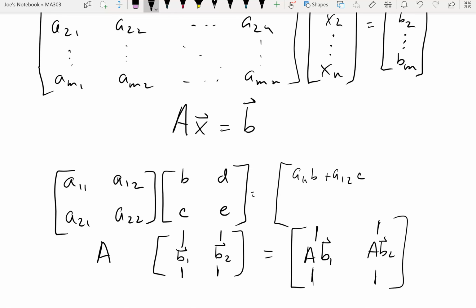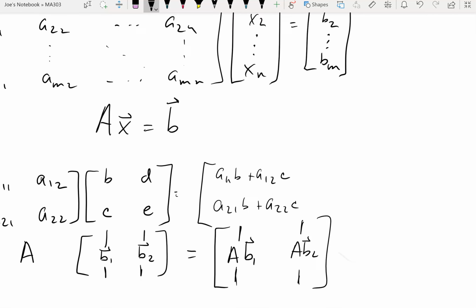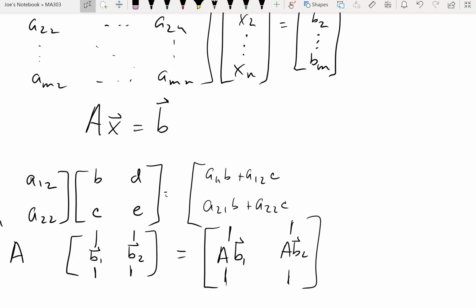Let's see. Lost my train of thought. This would be your first column, right? We agree with matching up the first row, first column, second row, first column? Yeah. Okay. I could write the second column in there, but I don't really care.